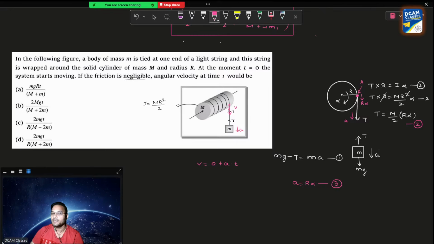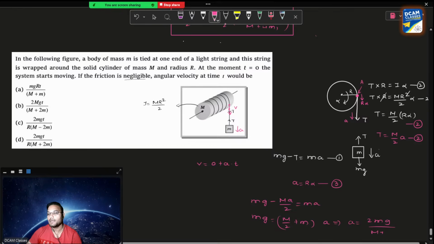Acceleration a I'll find. T is easy to find, M by 2 into a. So solve it with the first one. mg minus Ma by 2 is equal to small ma. So mg is equal to M by 2 plus m into a. So from here I'm getting a is equal to 2mg by capital M plus 2 small m.